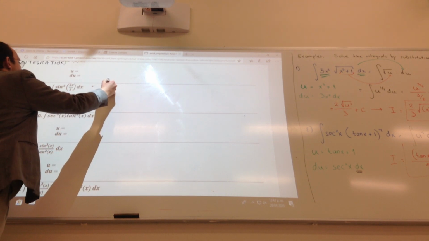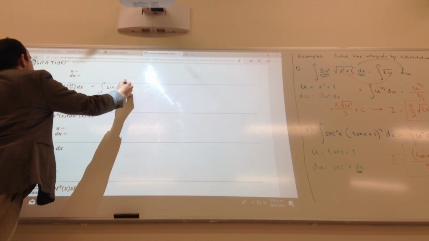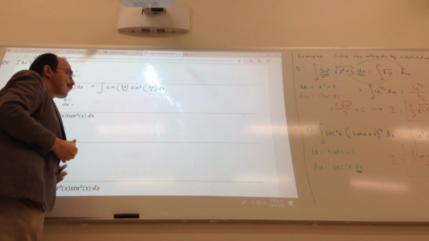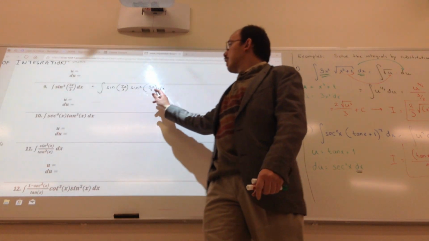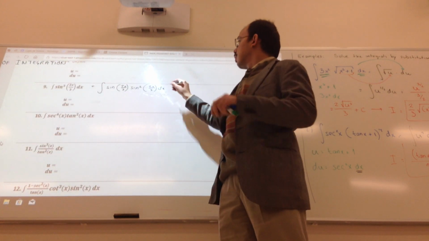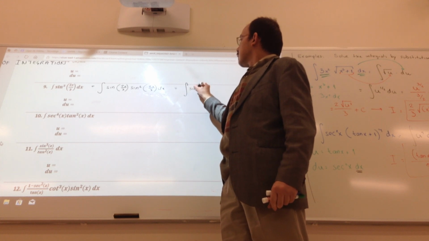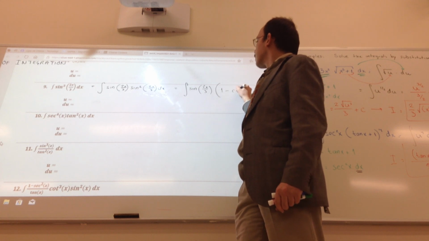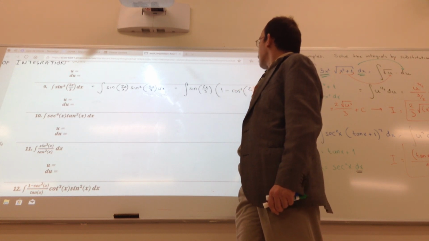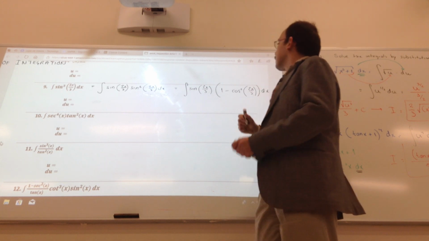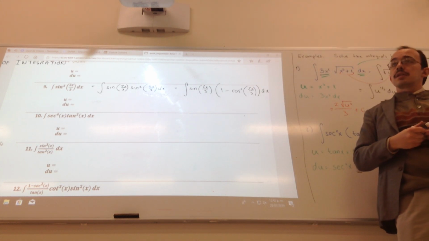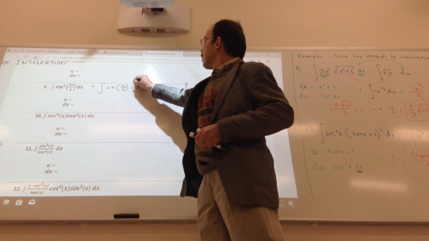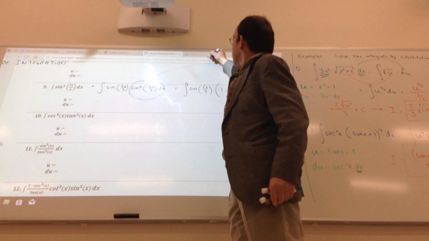Sine of 2x over 3 times sine squared. Then I change this one: sine of 2x over 3 times 1 minus cosine squared of 2x over 3 dx. Right? Identity. Now from here to here is this one.